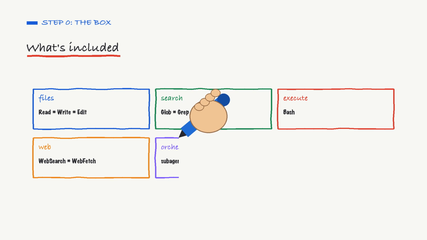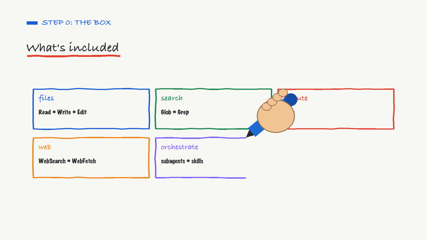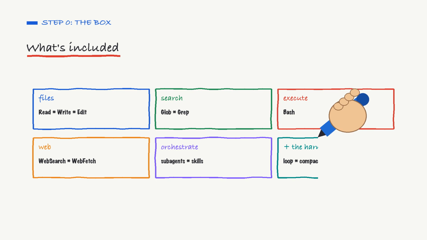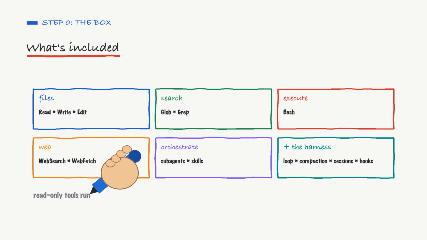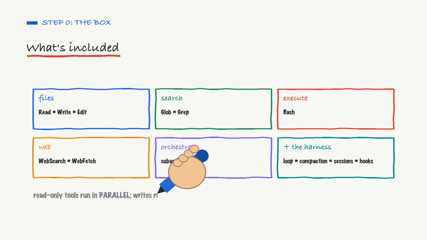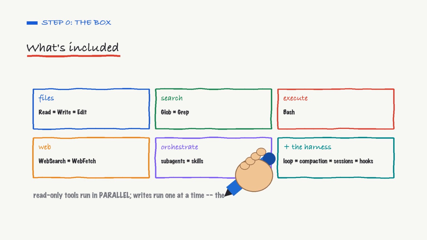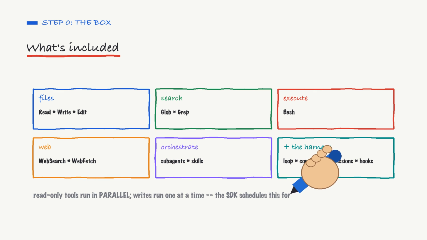Plus the invisible parts that are hardest to build yourself: the agent loop, automatic context compaction when conversations grow long, sessions, hooks, and a layered permission system. One detail that shows the polish: read-only tools run in parallel, while writes run one at a time, and the SDK schedules all of that for you.